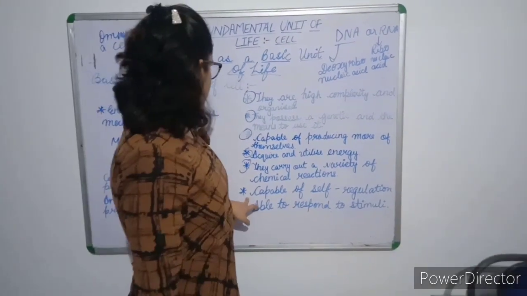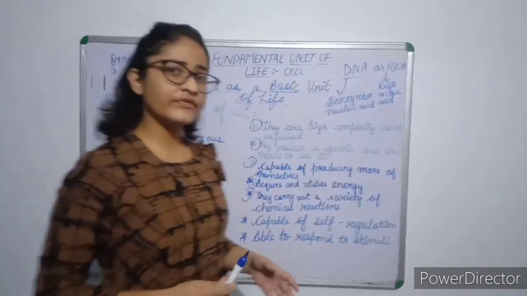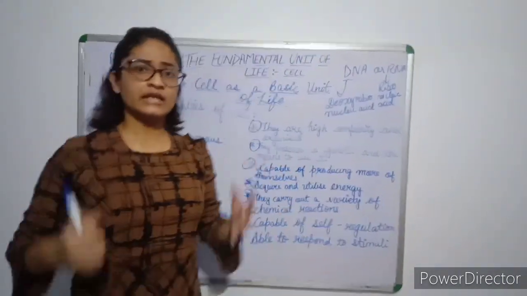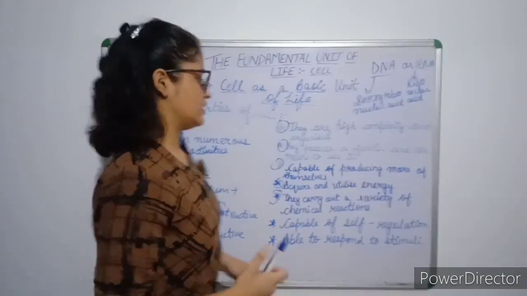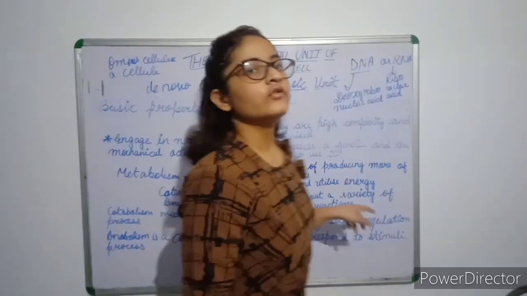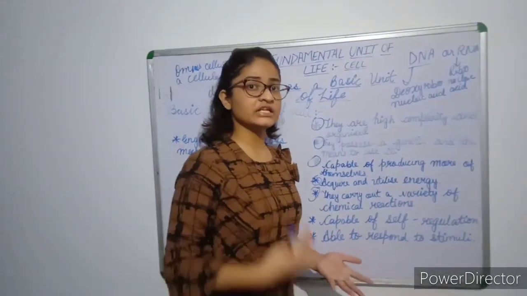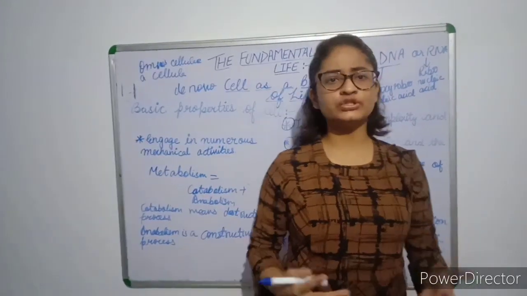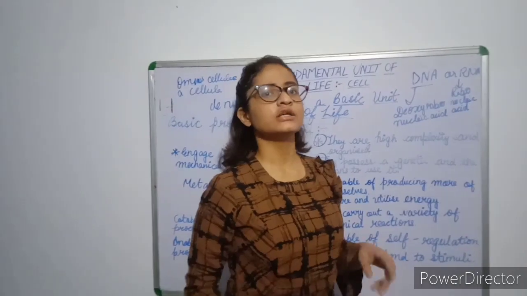Now, the sixth point, capable of self-regulation, that is, self-regulating centers, like our brain; the nucleus is also regulating each cell. Now, able to respond to stimuli. What is stimuli? Stimuli means any external change in the environment which causes you to respond to it, or you can say it is a disturbance.